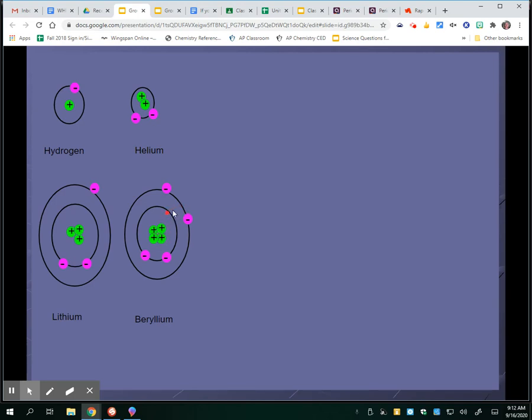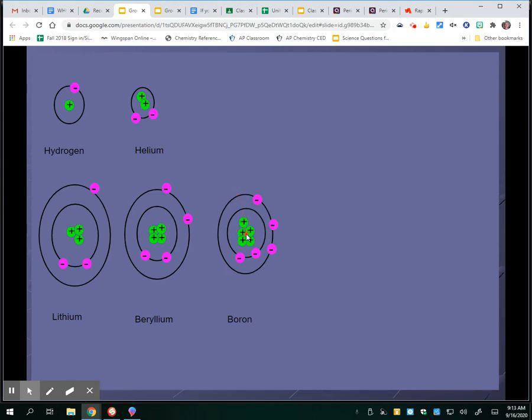The valence electrons are still on that second energy level, and they are going to be more attracted to the nucleus than in lithium because there is a greater magnitude of charge. We get a more positive nucleus, we have more attraction, and beryllium ends up a little bit smaller than lithium. We can see that pattern continue with boron.